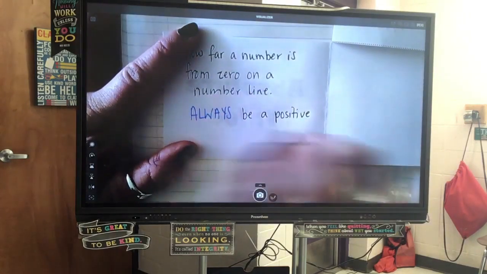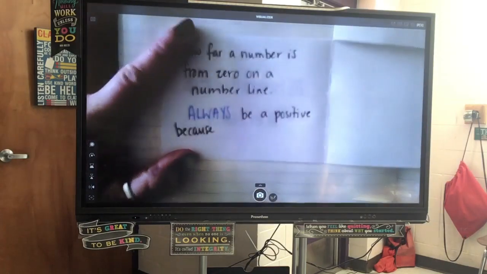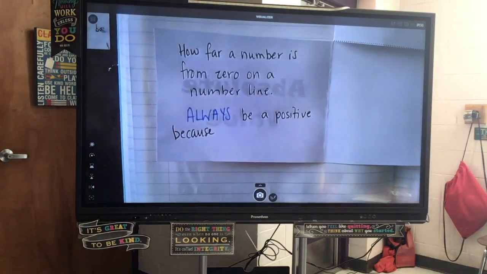Or it will always be a positive because what? What do we know about distance? What do we know about distance? Come on. Distance cannot be what? Oh, you forgot? Okay, Troy? Cannot be like negative 30 feet away.